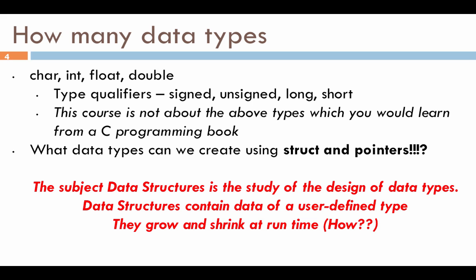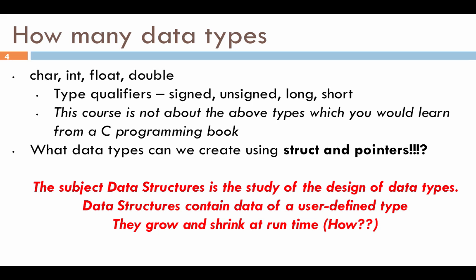We also know now that there are many data types, and for the rest of this course, the most important data types that we will repeatedly encounter are user-defined data types created using struct, and very importantly, something that I have said I think 4 times, and I'm going to say the 5th time, that a pointer to a data type is a data type by itself. In other words, pointers are data types, addresses are data types.